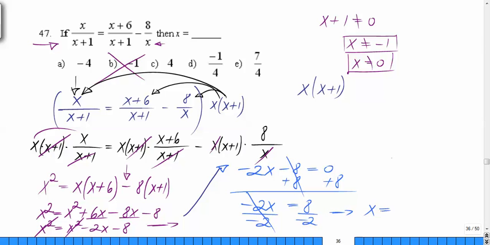X equals positive divided by negative will be negative. 8 divided by 2 will be 4. X equals negative 4. And the right answer to this problem is option A. X equals negative 4.